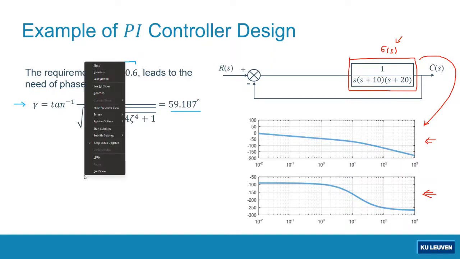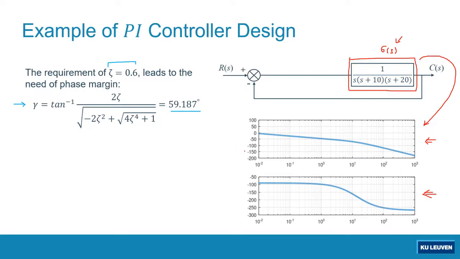Now let's take a look. What is the current phase margin in our Bode diagram? How do we know the phase margin? Phase margin is the distance of the phase from the negative 180 degree line at the frequency where the magnitude is equal to 0 dB.